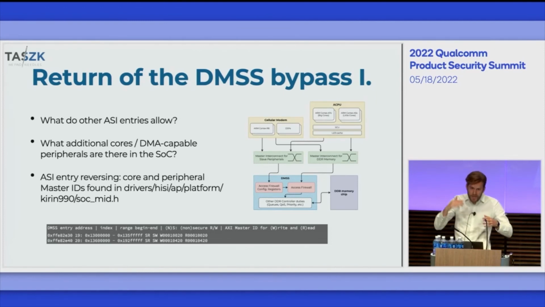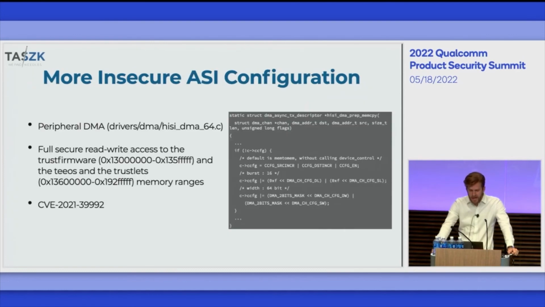But here we now had to flip that on its head and see what specifically these ASI entries allow, and so there we had to understand it better. Once we figured out the master IDs from the header file, we had a better understanding. And the long story short is that we did get lucky and found yet another DMA engine which had two open accesses and could directly override TrustZone memory. So that would be almost perfect, you're almost done.